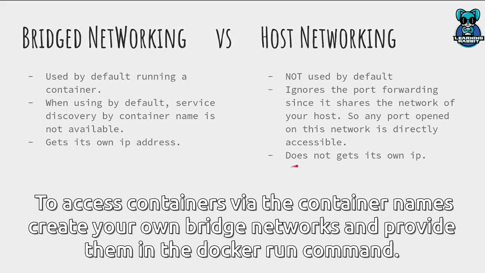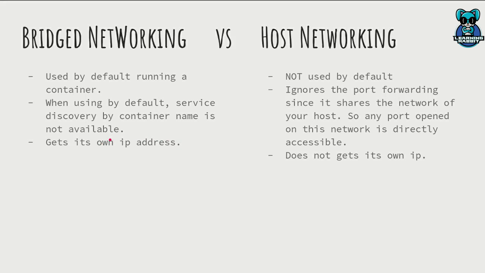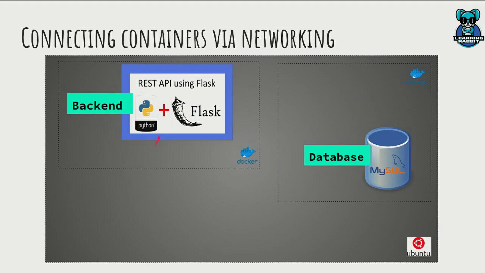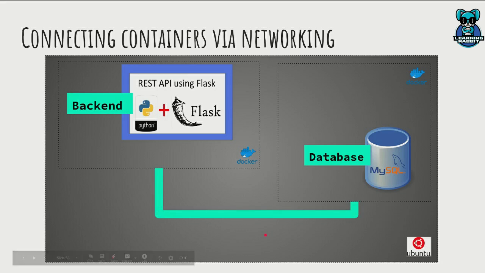Host networking, we saw that it does not get its own IP because the IP address is shared from the host. From the bridge network, when you create your own, or even if you don't, you still get an IP address. These were some of the differences between the bridged and the host networking driver. So now our containers were something like this. But when we create a bridged network, they were actually joined like this.